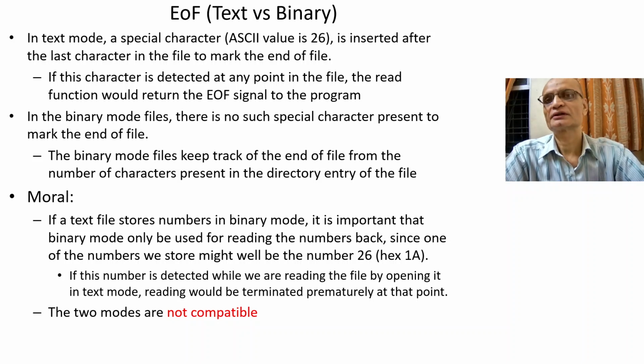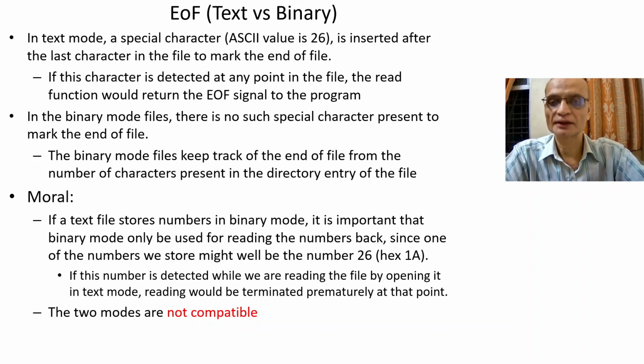So what's the summary or moral? If you have a text file and you store numbers in binary mode, then it is important that binary mode only is used for reading the numbers back. One of the numbers we might store will be the number 26, which in hex is 1a.